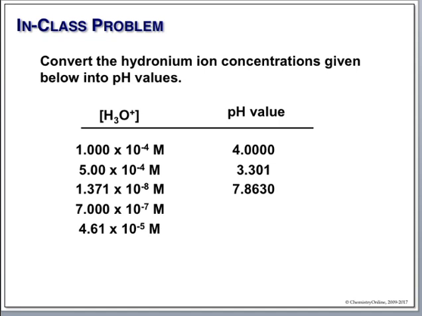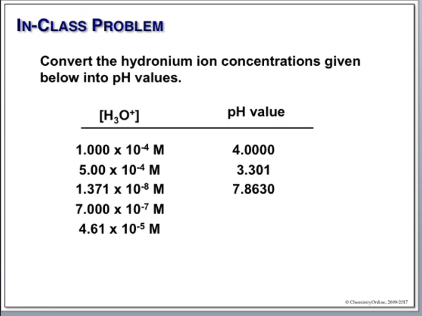Now this one, I'll be honest with you, I put on an exam. The question was, is this an acidic solution, a neutral solution, or basic? 7 times 10 to the minus 7. Everybody wanted to say neutral. You just did. What is neutral? 1 times 10 to the minus 7.